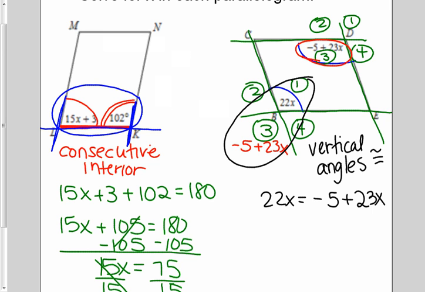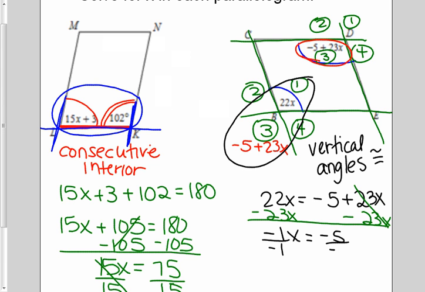So we'd have to solve for x this way. What I'm going to have to do is subtract 23x from both sides. That leaves me with negative 1x equals negative 5. And then to solve for x, I would have to divide by negative 1. And I get x equals positive 5.